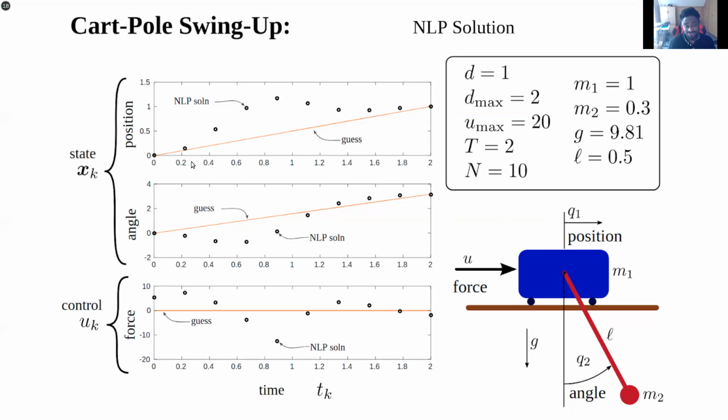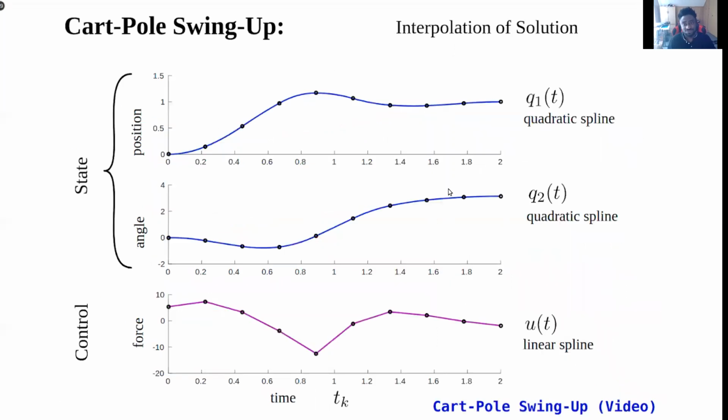The next step would be to interpolate between these points to come up with a smooth trajectory that solves our problem. It returns these discrete points for both the states and the control. So this is sort of our optimal trajectory, but it's discrete.